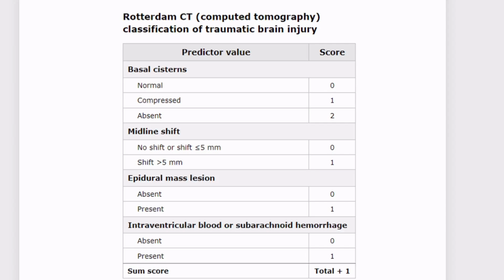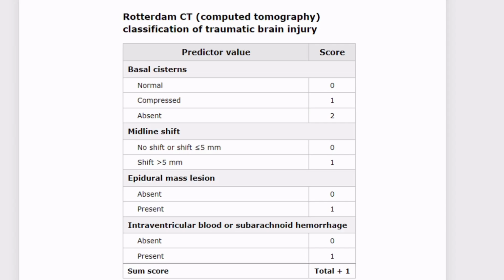It does not, however, include contusions, but rather restricts mass lesions to epidural hematomas and adds intraventricular and or subarachnoid hemorrhage. Each of these is given a score, and these scores are tallied with the addition of 1 to the total. In other words, a completely normal appearing scan has a Rotterdam score of 1, and the worst possible score is 6. The +1 added to the sum makes it comparable to the Marshall system.